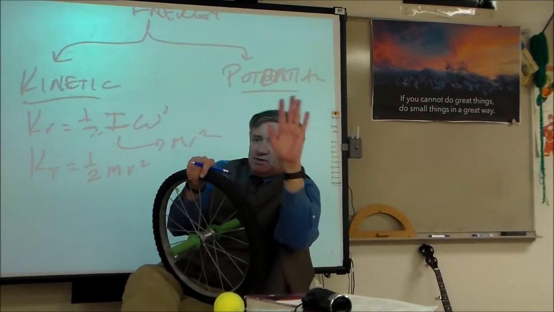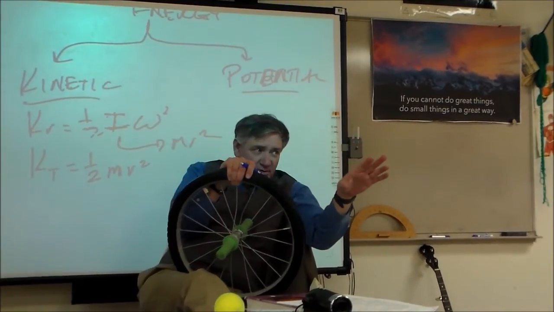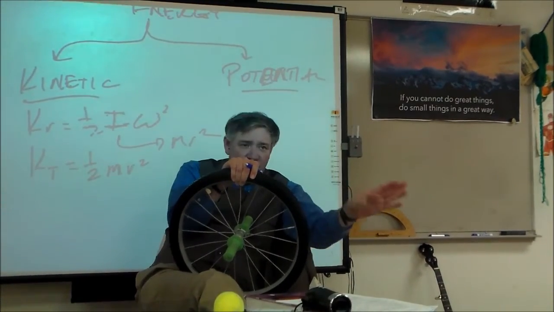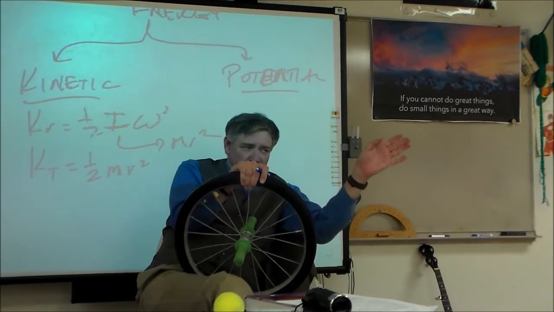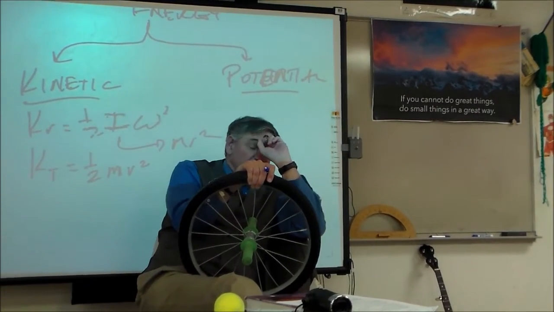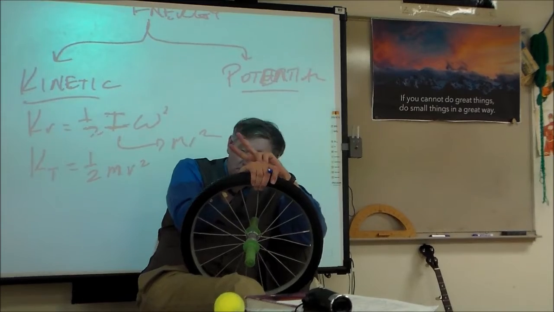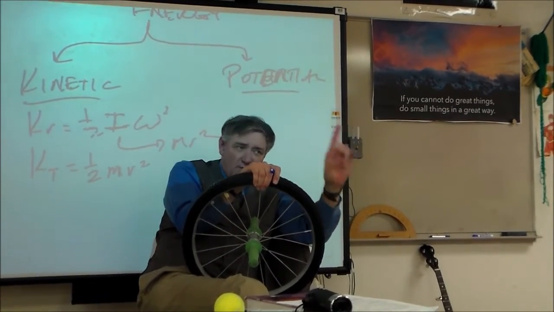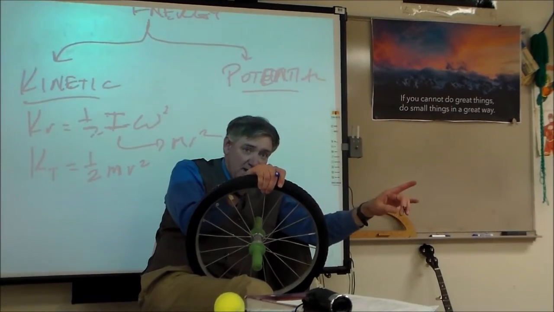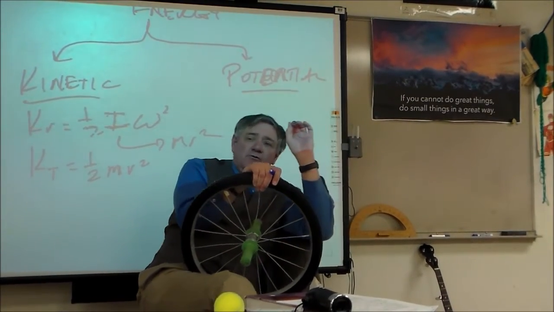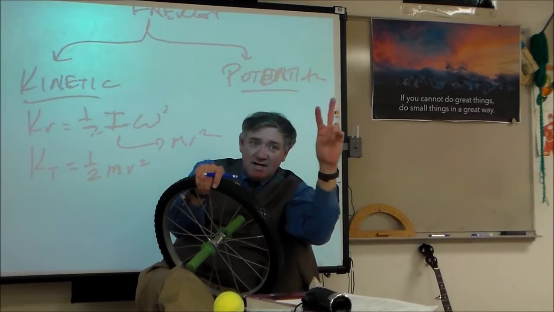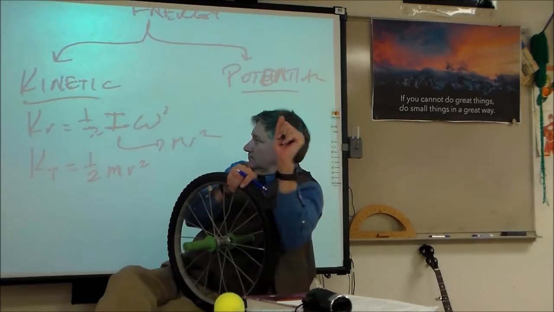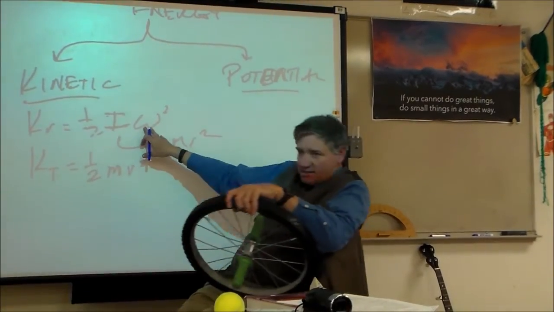If you need a specific equation for moment of inertia, like a thin hoop, I will give that to you. But what you need to remember is that two things affect moment of inertia, mass and radius. You only have one thing that affects inertia, and that's mass. So you can have two objects of unequal mass have the same moment of inertia depending upon how you distribute the mass. So this is how fast it's going to spin.